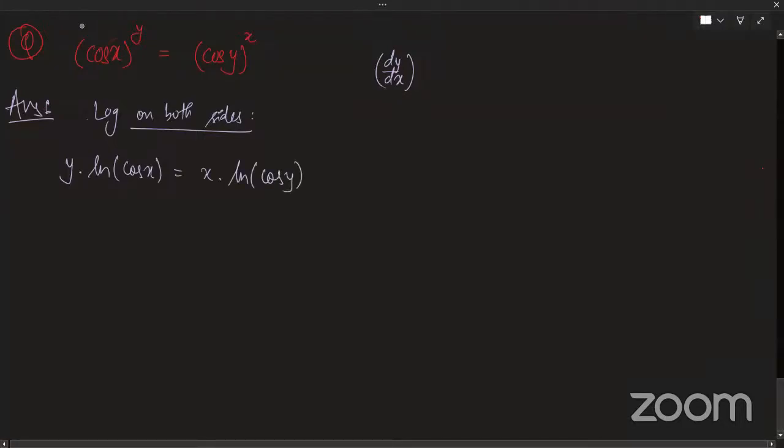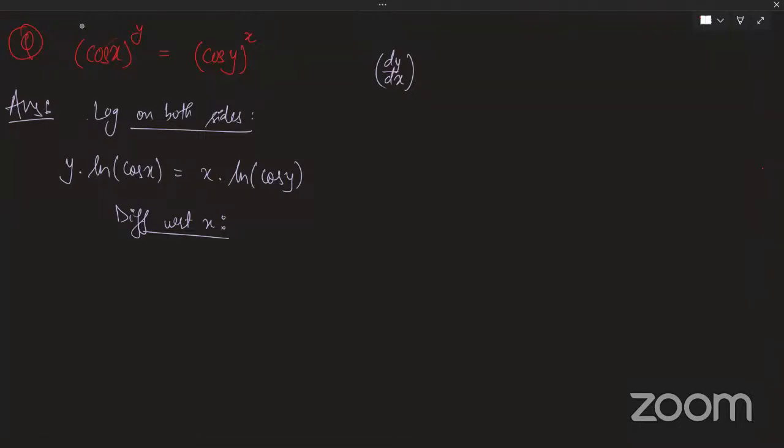Great work. And after that, what will be my next step? Tell me. What will be my next step? Product differentiation. Okay, differentiate with respect to x, right? Yes, sir. Great. Absolutely correct.